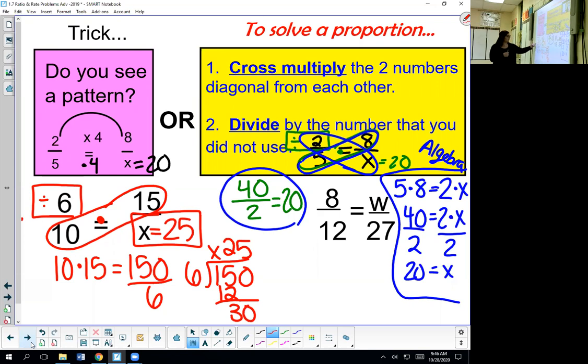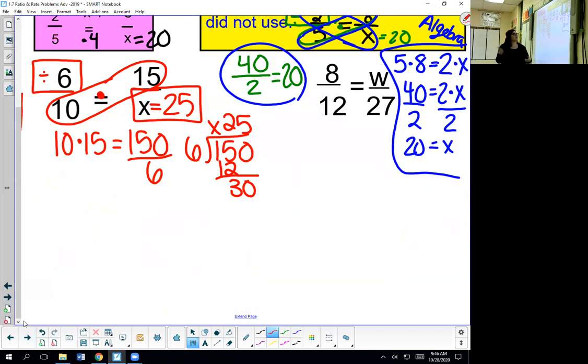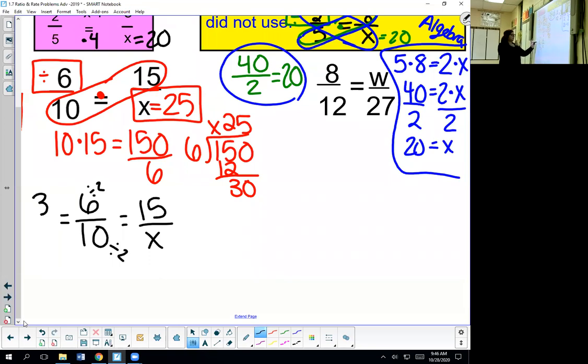Now, I had kids last year, like kids in front of me. I had kids say, wait a second, Miss Edwards, hold on, I did it a different way. They go, okay, Miss Edwards, I saw that I could simplify this like I showed you the last time. If I cut this in half, and I cut this in half, I get 3 over 5, right?